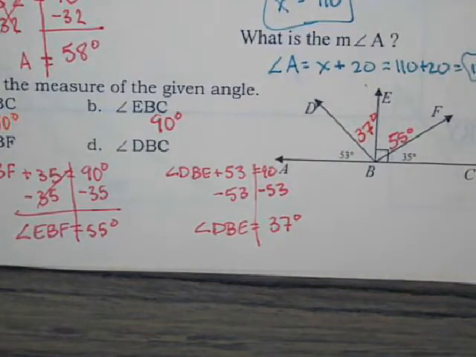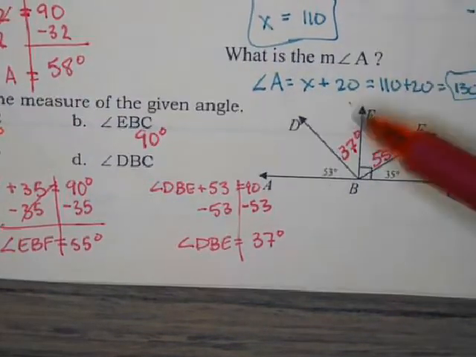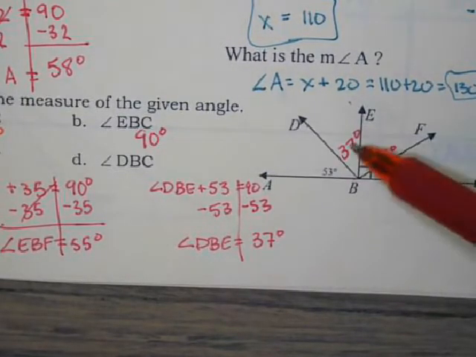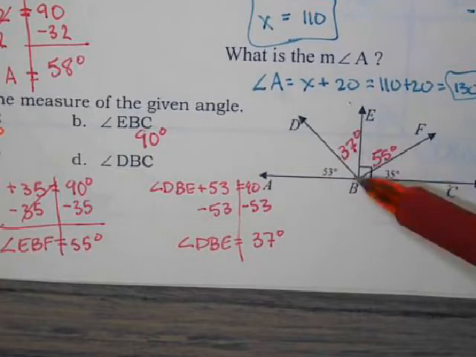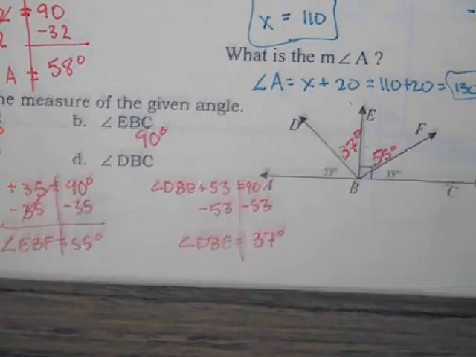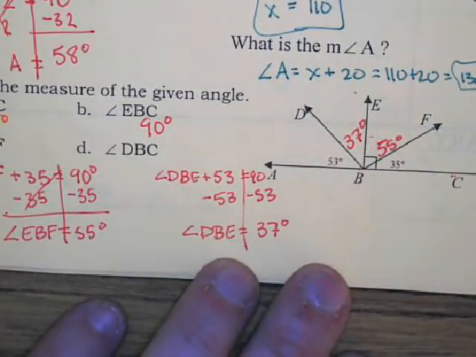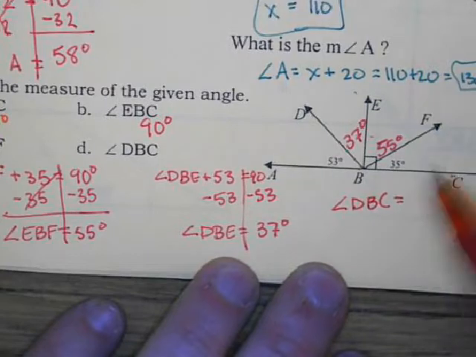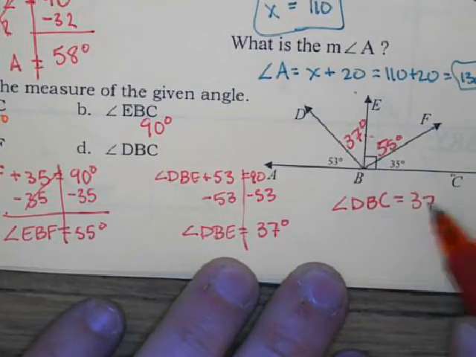That doesn't mean I'm done with this problem, because this problem is asking for angle DBC. I just had to fill this in so I could have all three angles that make up DBC. So if I'm finding the whole thing, I'll just add all three together. Angle DBC, the question we're really looking for, is equal to 37 plus 55 plus 35.